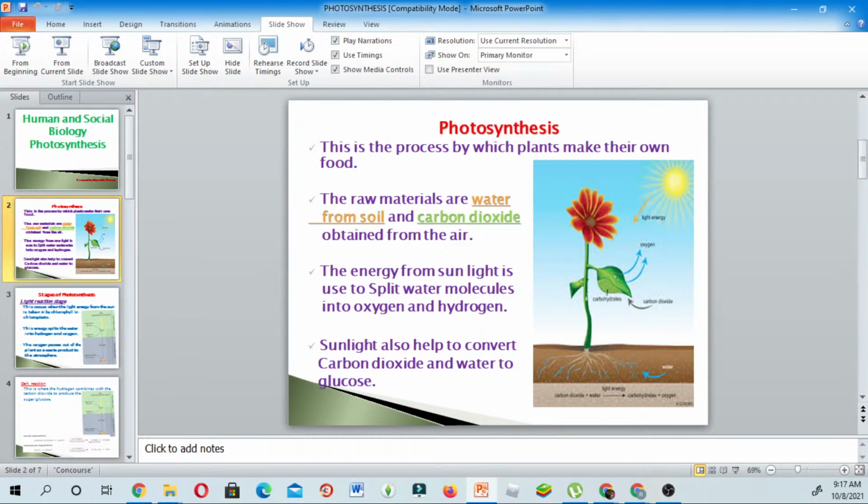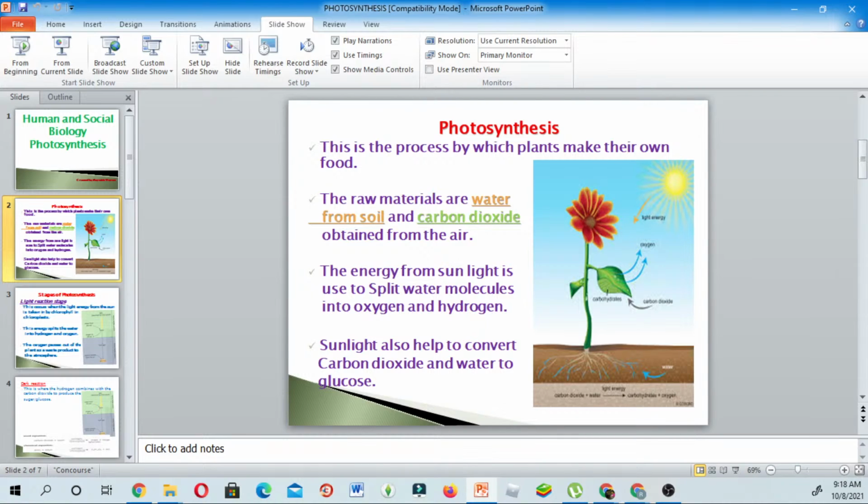They are saying that some raw materials are required, and the raw materials are water, which will come from the soil. Then you have a gas that is called carbon dioxide, and this, of course, normally comes from the atmosphere.